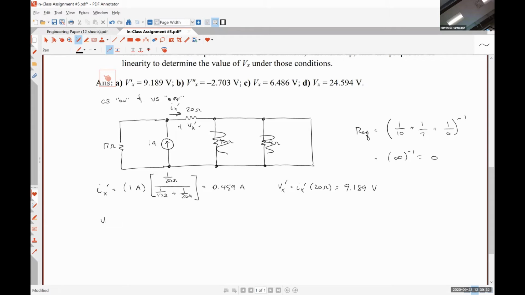So Vx prime is going to be the current, 1 amp, that flows into the equivalent resistance, which is 1 divided by 1 over 17 plus 1 over 20. They're the exact same expression.